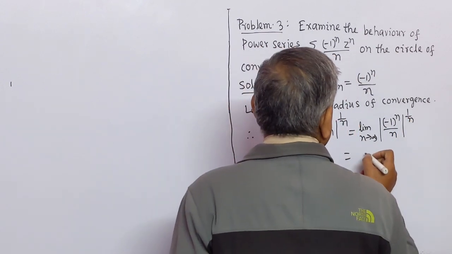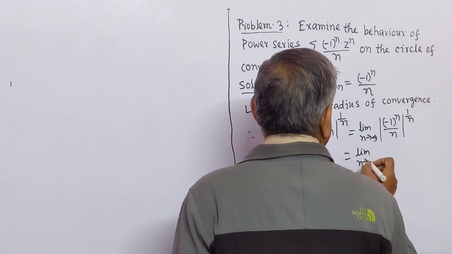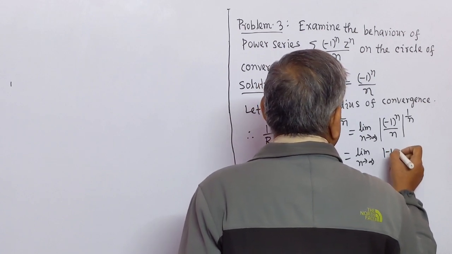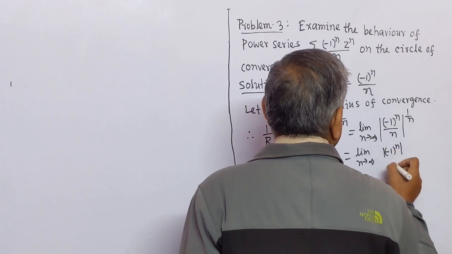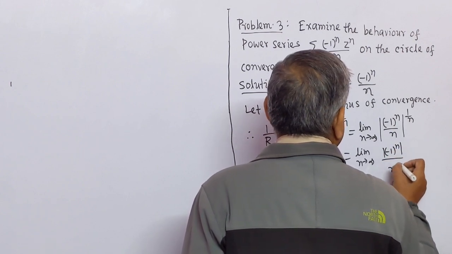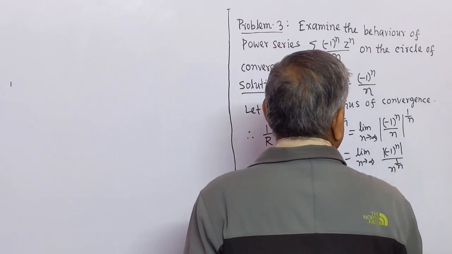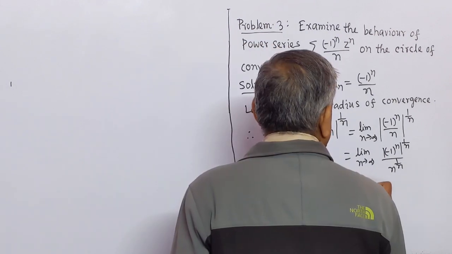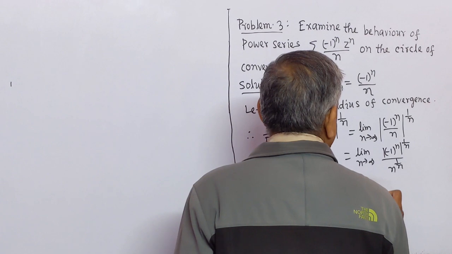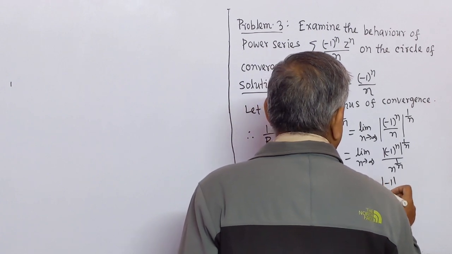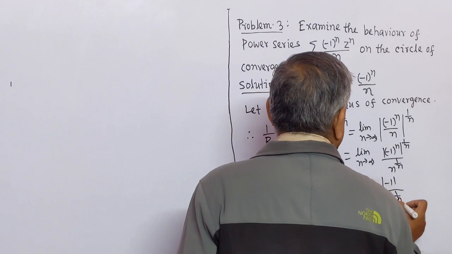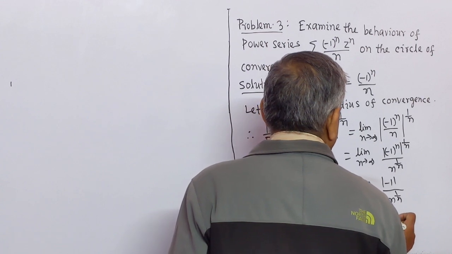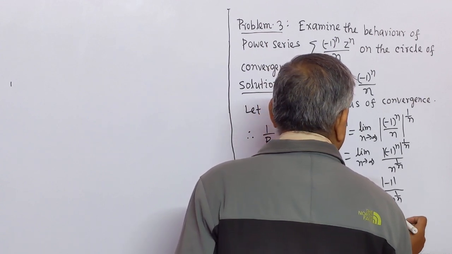This is equal to limit n tends to infinity modulus of minus 1 by n to the power 1 by n, which equals limit n tends to infinity 1 by n to the power 1 by n.